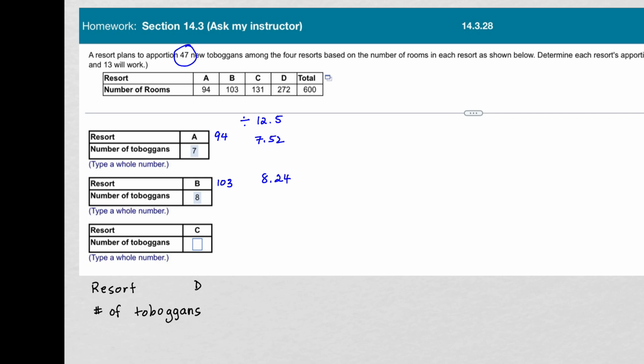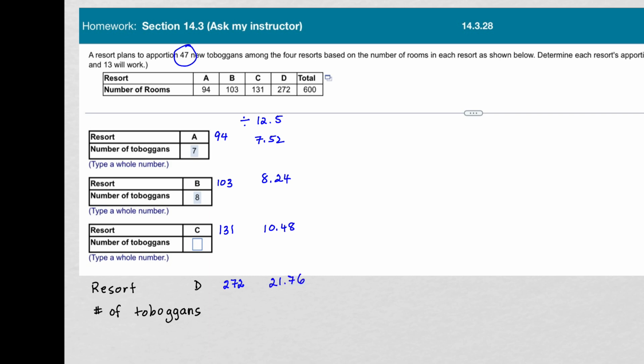And Resort C has 131 rooms, and so we get 10.48 when we take 131 divided by 12.5. And then finally, Resort D has 272 rooms. So when we divide that by 12.5, we get 21.76.